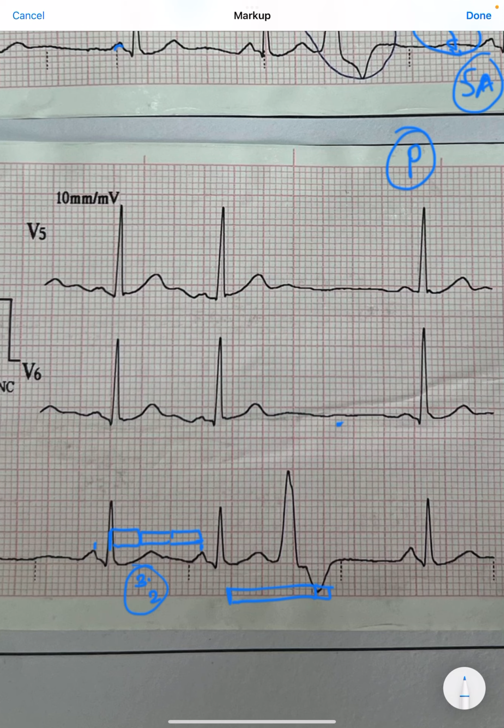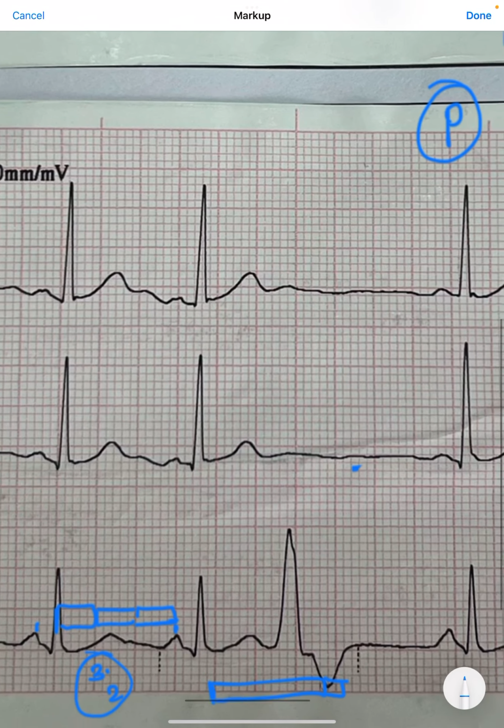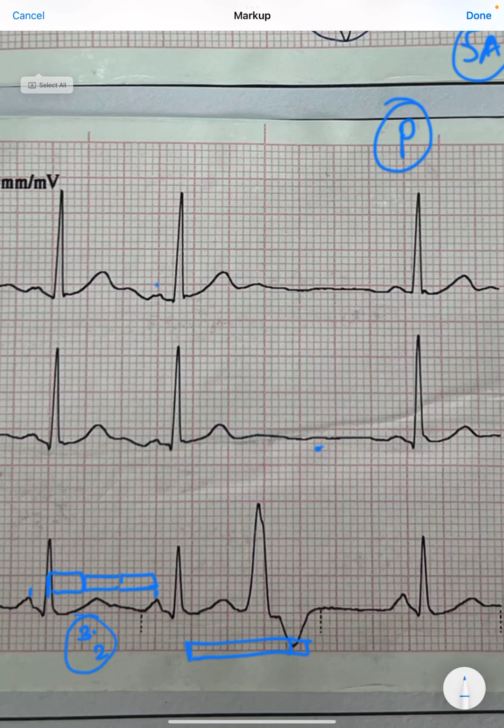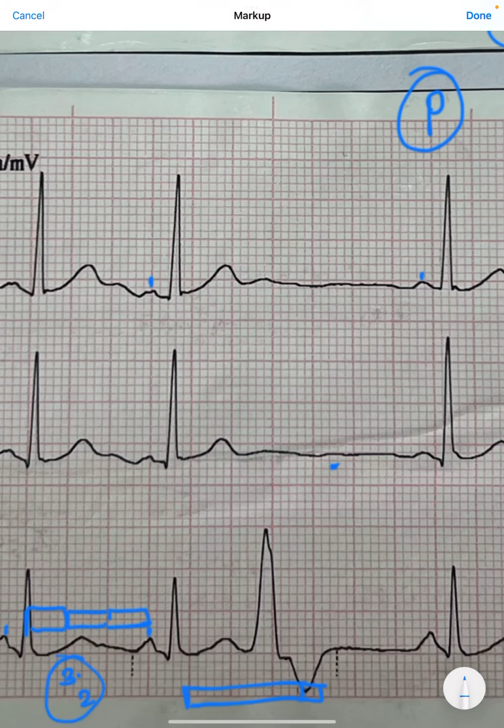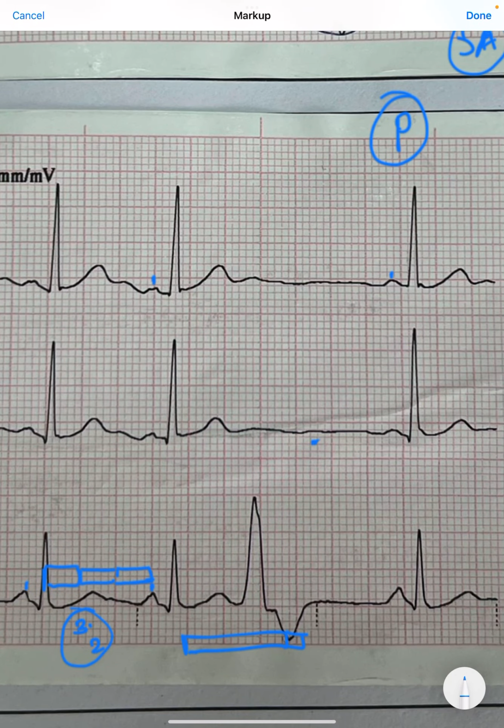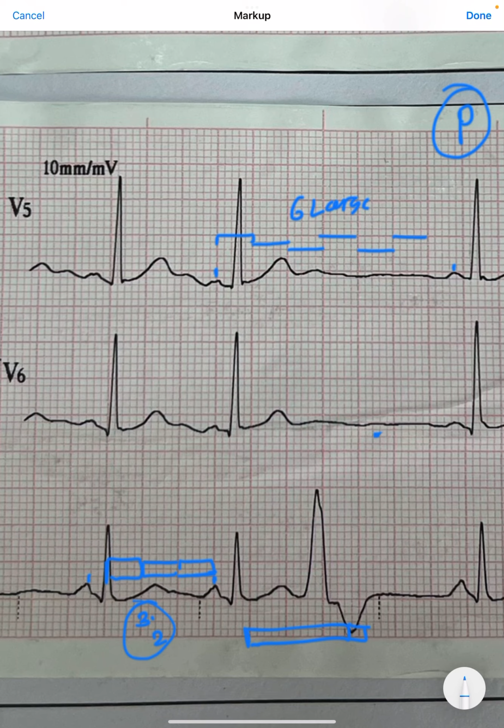But from wherever the next P has to come, it will 100% occur. So for example, you can simply calculate the distance between this P and this P. So how many large boxes are there? This is one large box, two, three, four, five, six large boxes. And we know that the exact distance between two P waves is three large boxes and two small boxes.